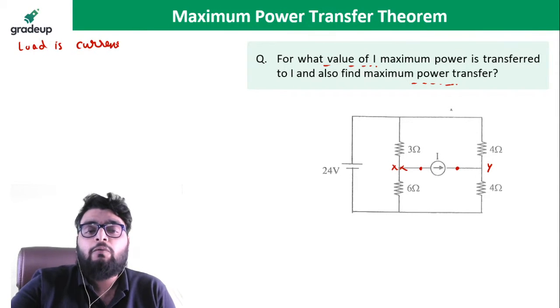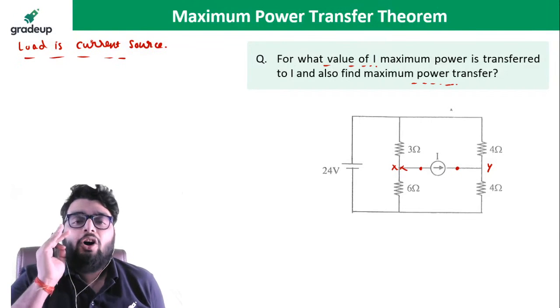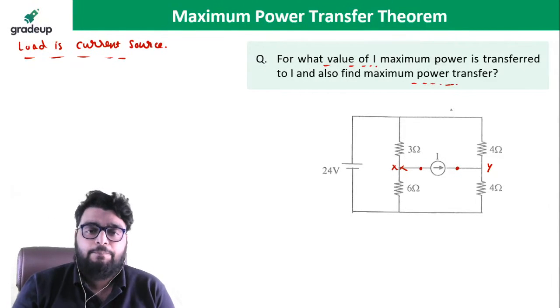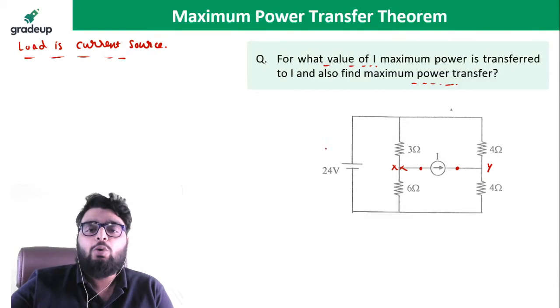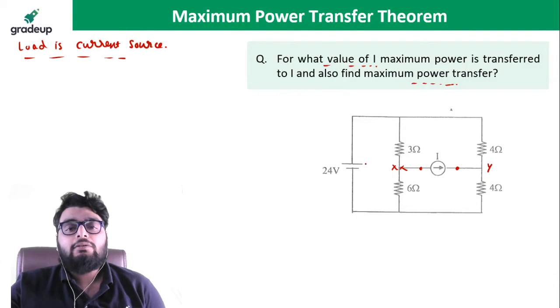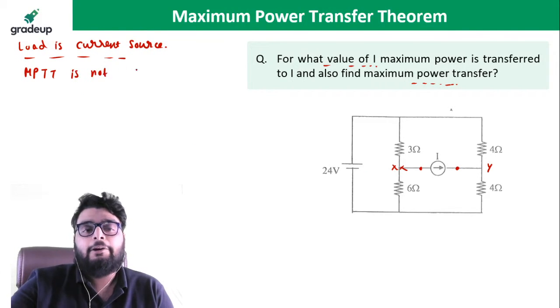Now I told you very important points in case of the maximum power transfer theorem. The maximum power theorem can only be applied if the load contains a variable resistor. But here the load is a current source, so I cannot apply the maximum power transfer theorem. So I will write here: maximum power transfer theorem is not applicable here.